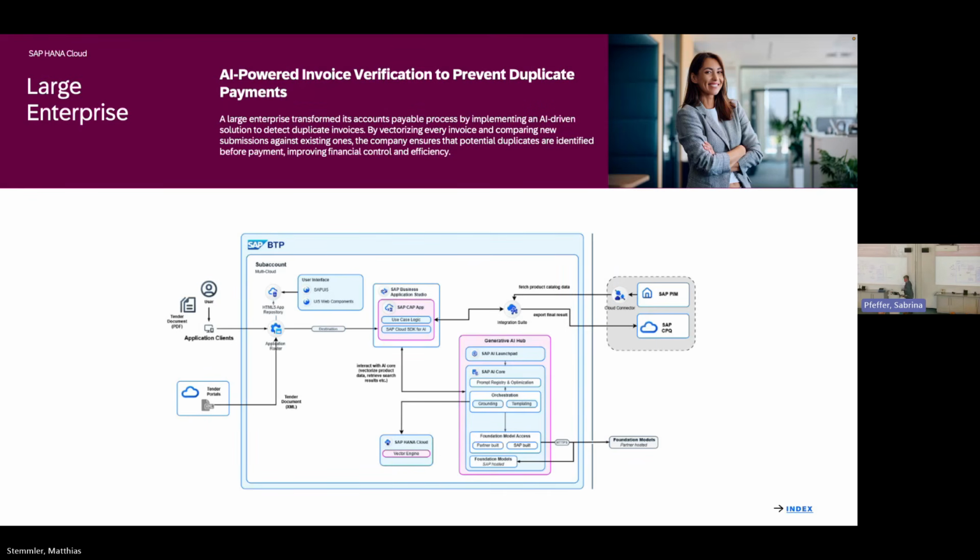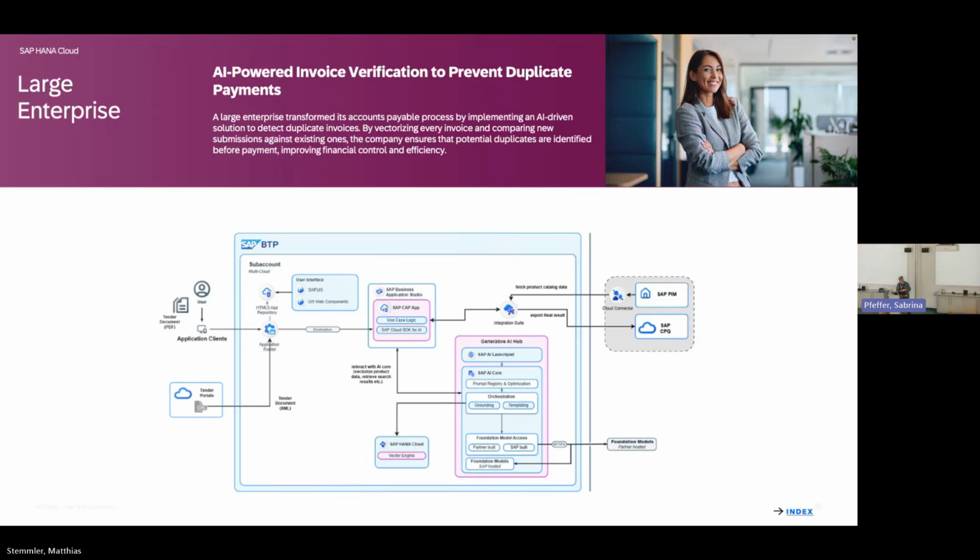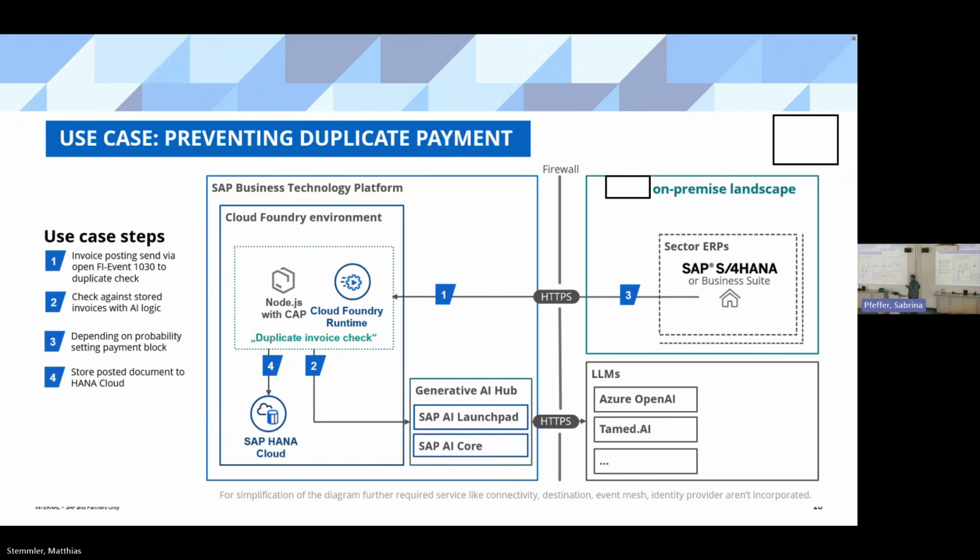This is the real architecture, but let's go to a simplified architecture. What is the thing behind the vector engine? What can we do with this? We have a customer with plenty of S4 systems, big customers, and they have a problem: they get invoices, and sometimes the invoices come in twice or three times, the same.